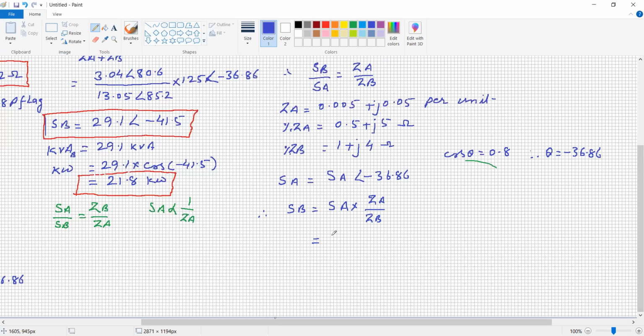So it is SA as it is, because the full load capacity is not given, minus 36.86 multiplied by 0.5 plus J5, then 1 plus J4, which is equal to 1.22 SA at an angle of minus 28.57.